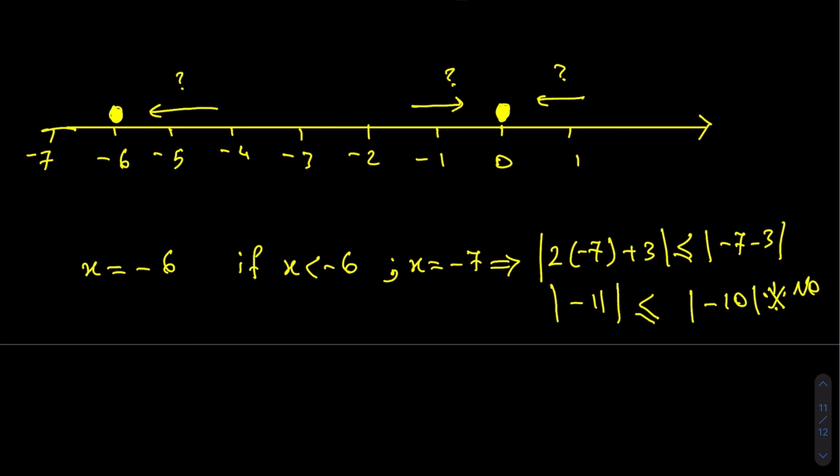So let's say if x is larger than -6, and let's say x = -5, what will happen?